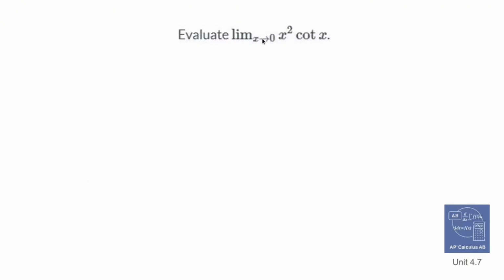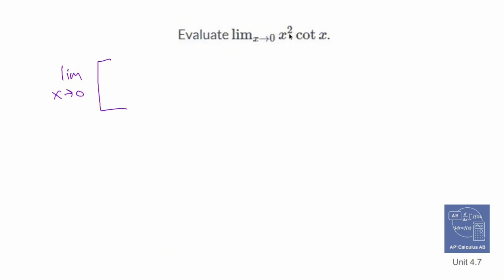Evaluate the limit as x approaches 0 of x squared over cotangent x. Now this is the L'Hopital's rule section, so we're going to use L'Hopital's rule. And the reason why is if you were to plug in 0 into cotangent of x, you get something that's undefined. Why is that? Well, let's rewrite this in 3 separate parts, because I'm allowed to do this.